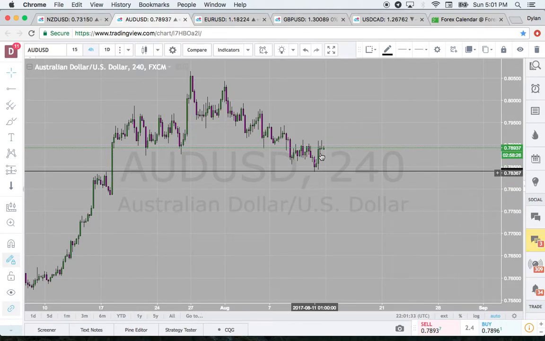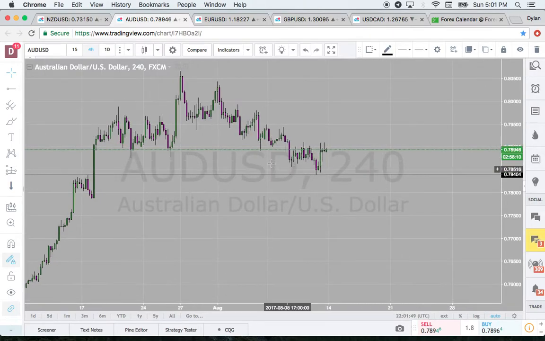So it will be tested, and then right before or right after testing, it will be broken, like we saw here. Tested it for a few days, and then it broke in one candle. We can see it's testing, and if it wants to break, it will break in one candle.